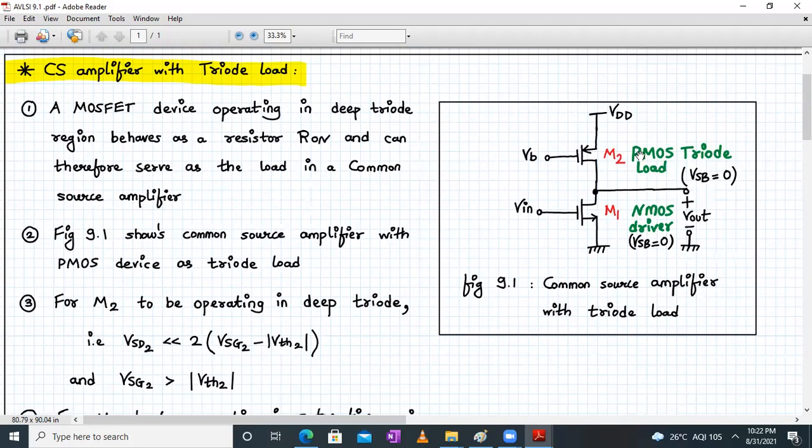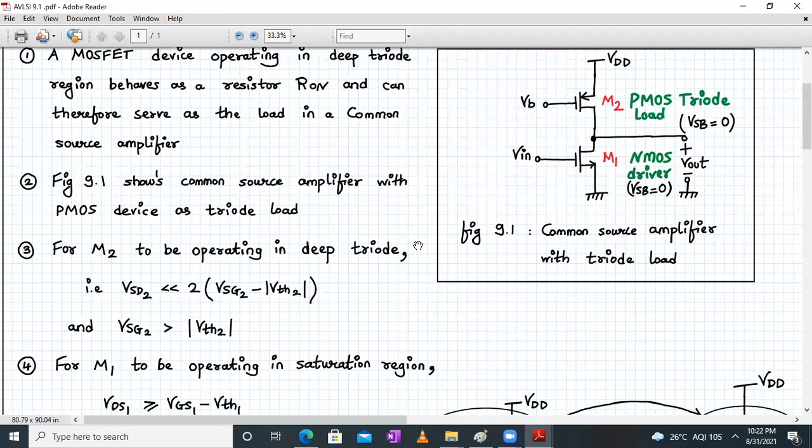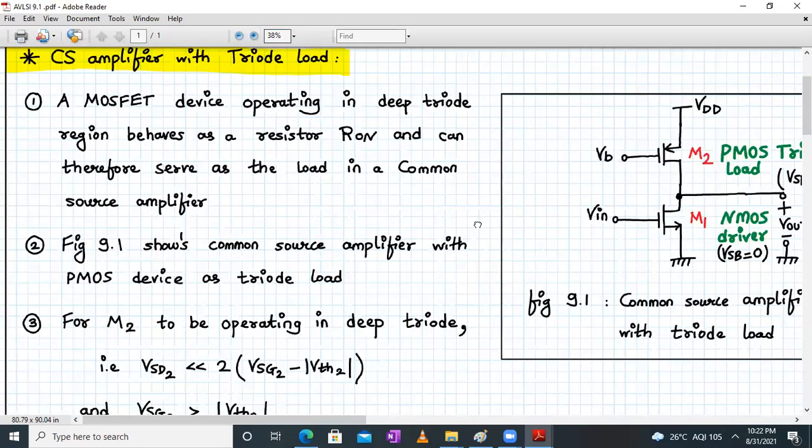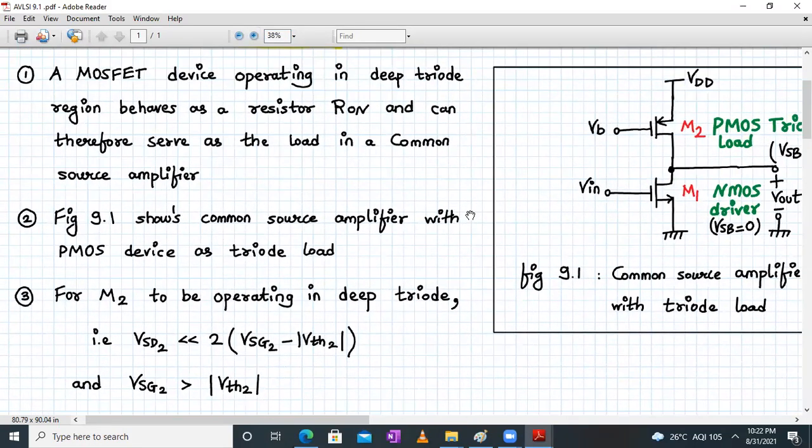We have to make M2 work in the deep triode region, and we have to make M1 work in the saturation region for it to work successfully as a common source amplifier. Now, what is the condition for a PMOS to operate in the deep triode region? The condition is here. So this is the condition for a PMOS transistor to be in the deep triode region.